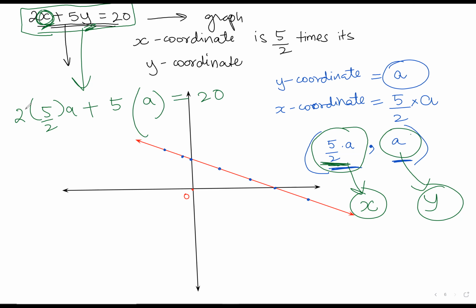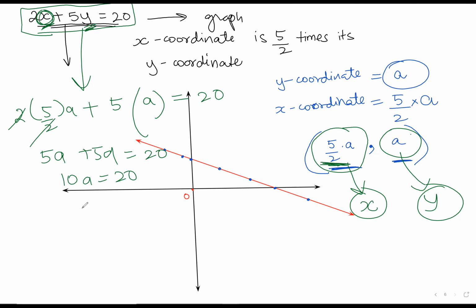So now the 2 and 2 get cancelled, right, Miraj? Yes, ma'am. Then we have 5a plus 5a is equal to 20. Now can you tell me what the left hand side becomes? 10a. Yes, 10a is equal to 20.